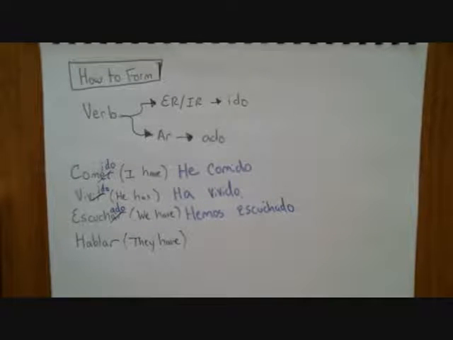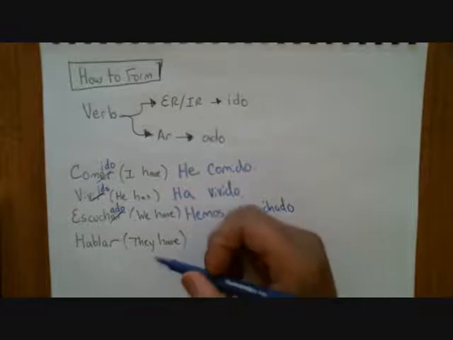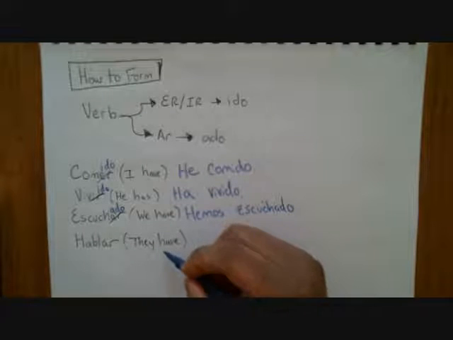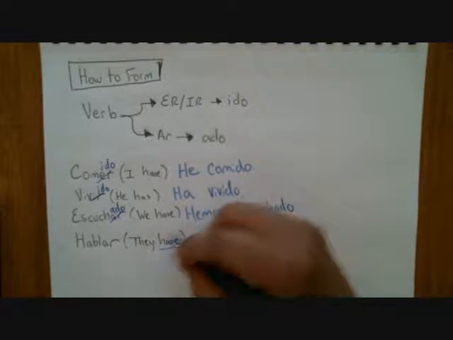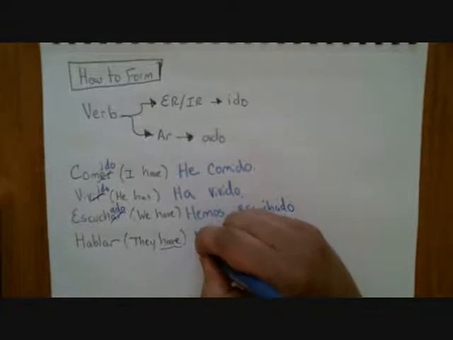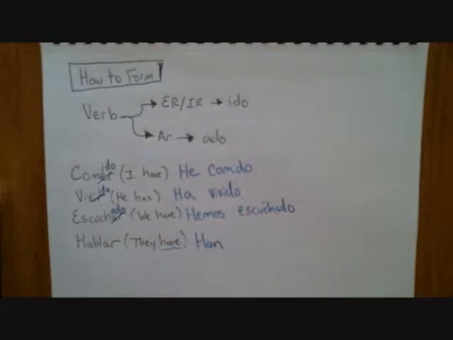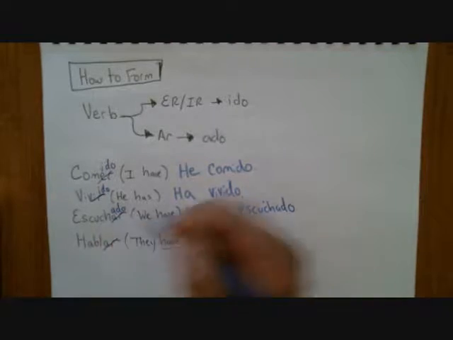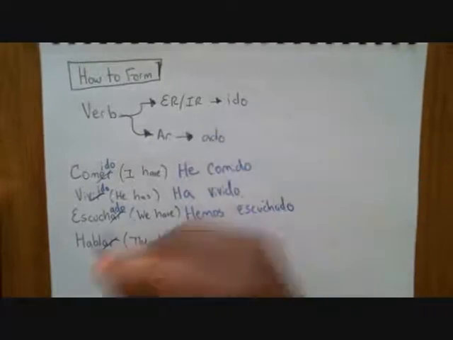And hablar, okay? Hablar meaning to talk or speak. And you want the they have form, so you're trying to say they have spoken. So what you would do there is you would take your form of haber, because remember, that's what the verb have is, and you would find the they version, which would be han. And then you would take hablar, it ends in AR, and AR becomes ado.